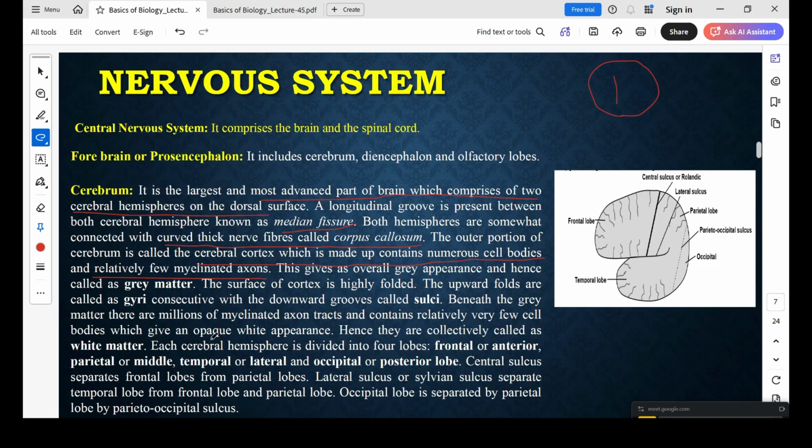So myelin sheath kind of acts like an insulation, which prevents any signal from leaking out of the nerves itself. The neurons give an overall gray appearance and hence are called gray matter.